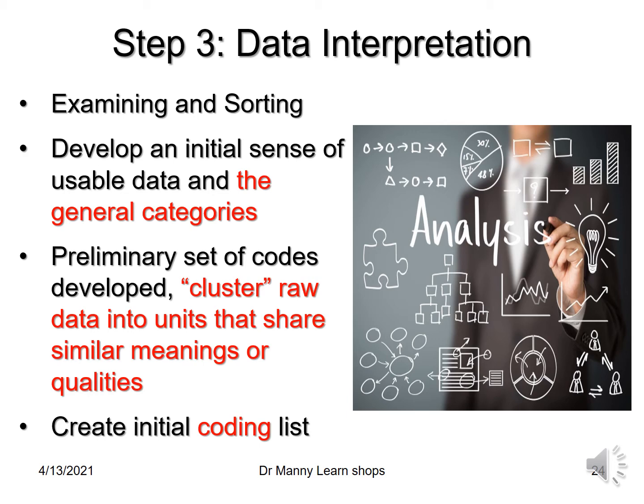This is where preliminary sets of codes are developed, clustering of raw data into units that are similar, or you think have got similar meanings or qualities. And this creates an initial coding list, because you're by no means anywhere near finished, a list of codes.